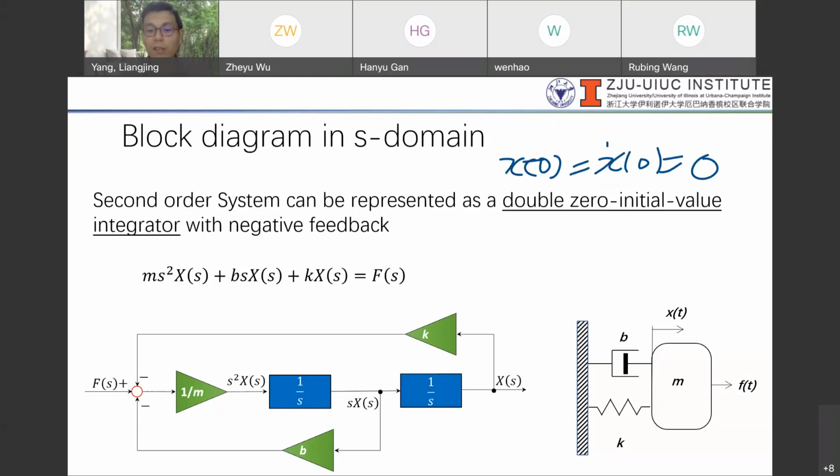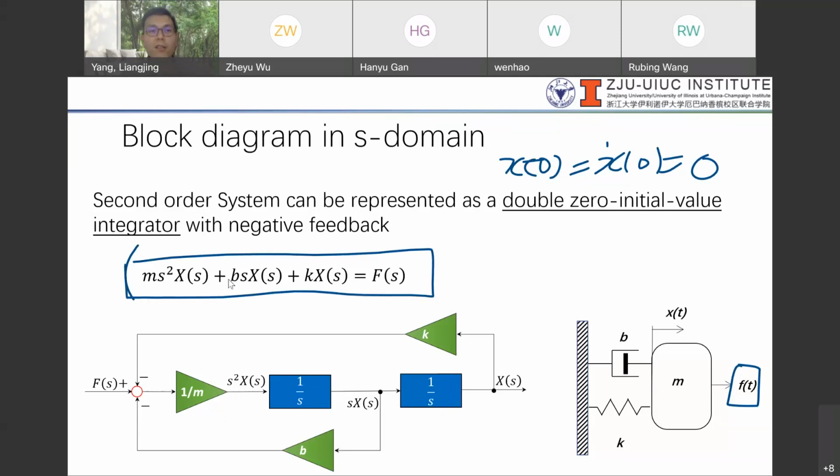But when you start to have a force to move it, say a robot moving this mass, it will be represented by this equation in the S domain. S domain integration will just be 1 over S.